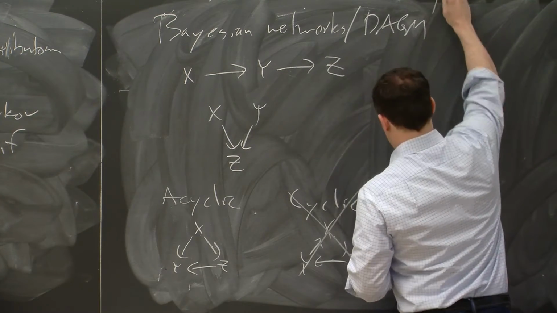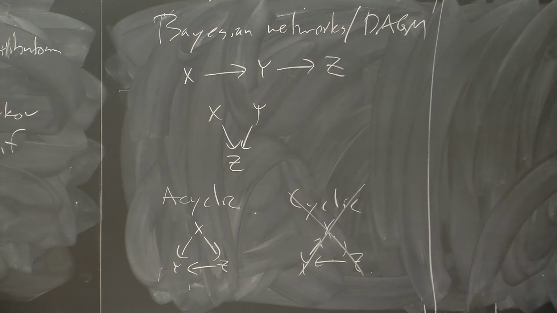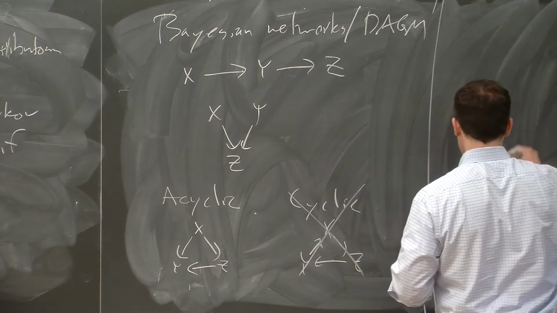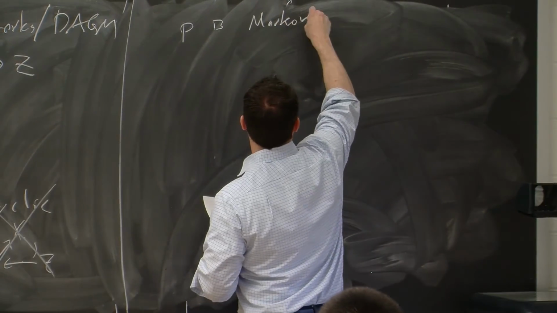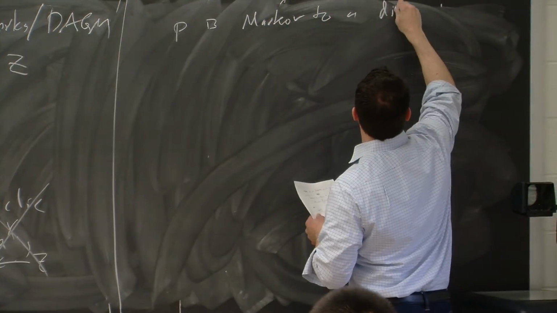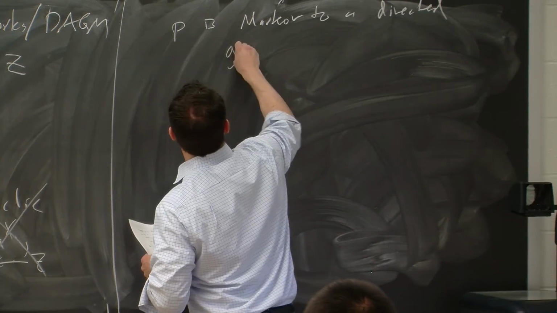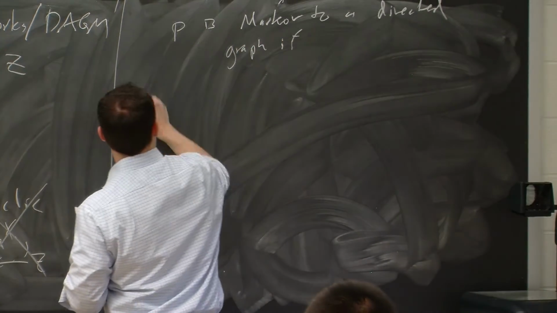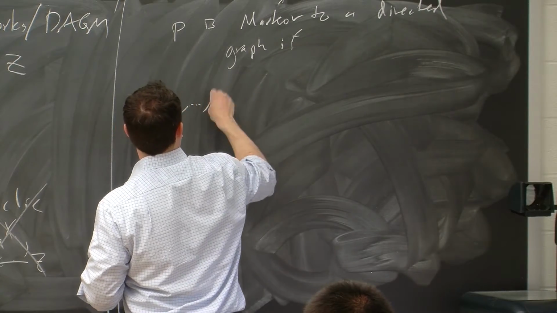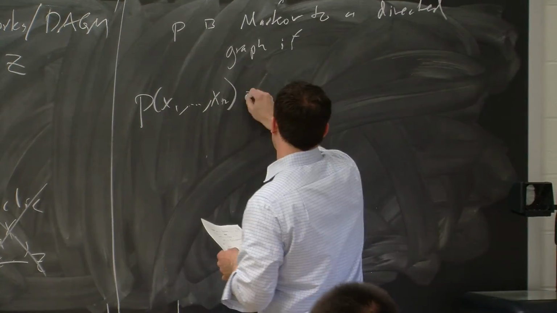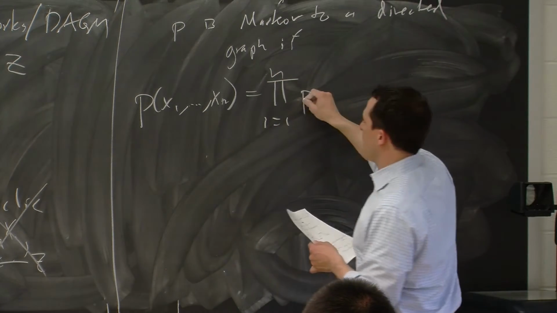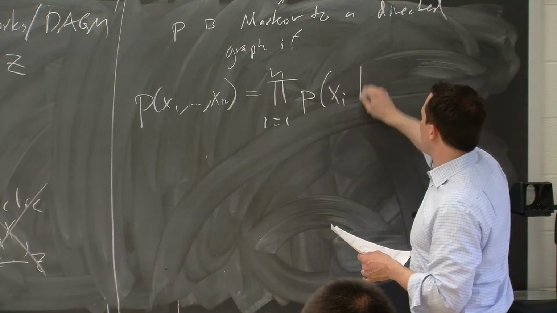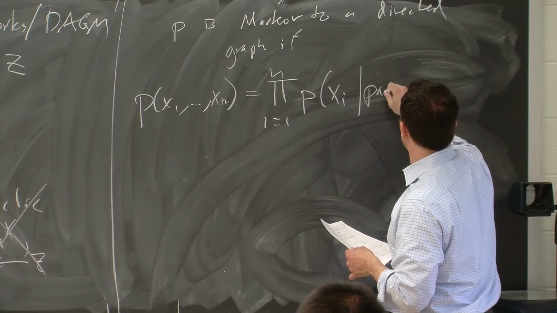There are similar types of ideas for factoring according to a graph or being Markov according to a graph. We would say that a probability distribution P is Markov to a directed graph if the probability of some outcome on all my variables is equal to the product over all variables of the probability of that variable given the state of its parents.